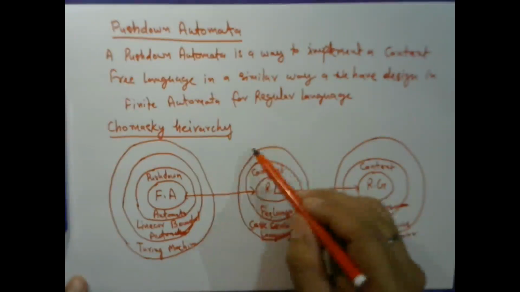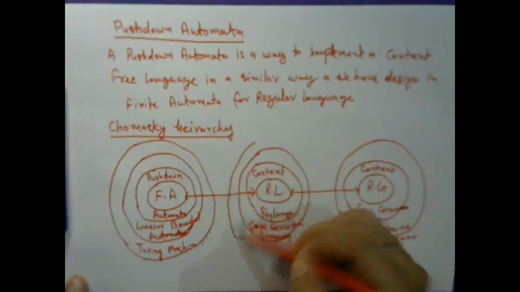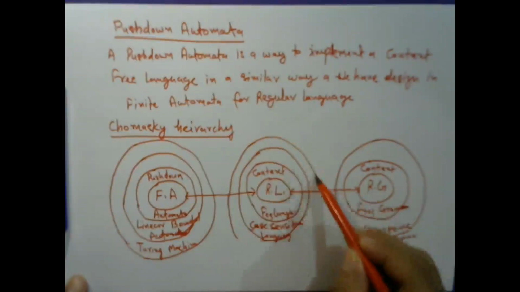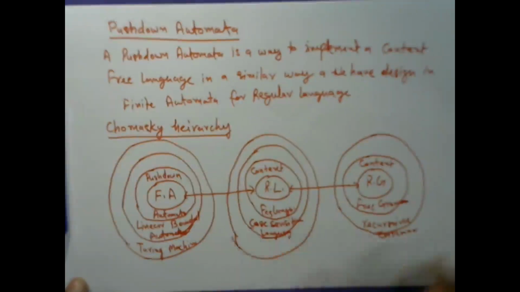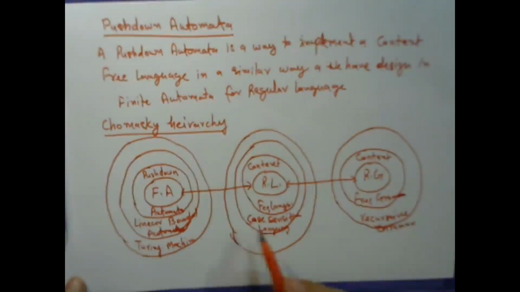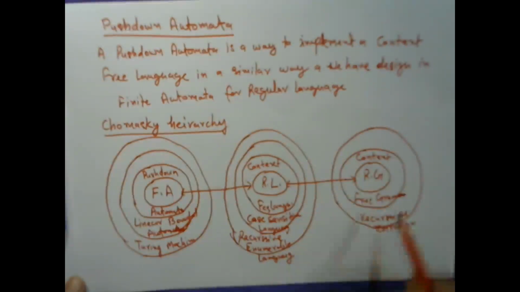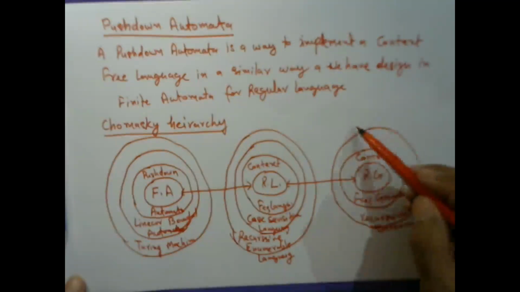And there is another language, that language is the recursive enumerable language, and that can be understood by the grammar.